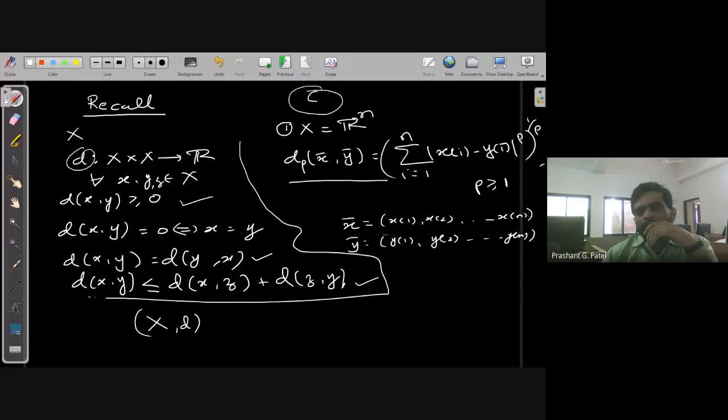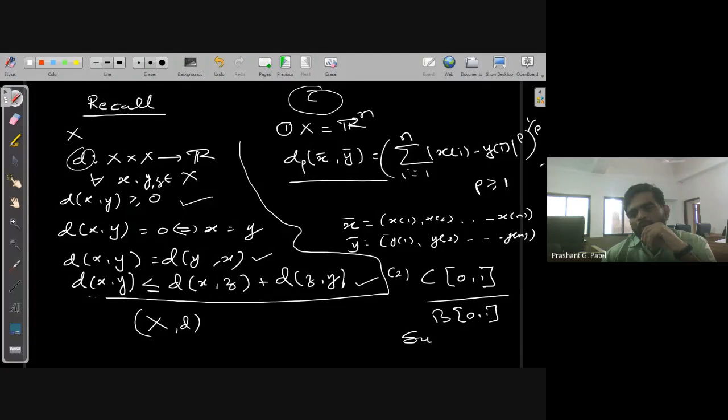The other examples that we have taken are C[0,1], the set of all continuous functions, and B[0,1]. On B[0,1] we have defined the supremum metric, that is the supremum of mod of f(x) minus g(x), which is the distance between f and g, where x belongs to [0,1].